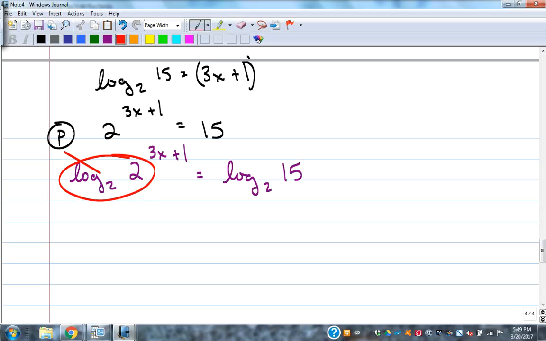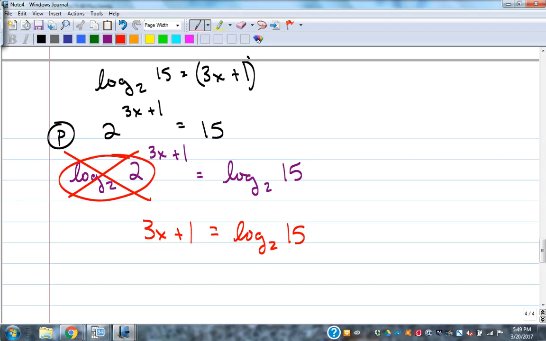These two cancel each other out. Whatever the base is, if you take the log of the same base of that side, it cancels it out. And that leaves you just 3x plus 1 is equal to log base 2 of 15. Log base 2 of 15 is a number. The calculator could find that number.